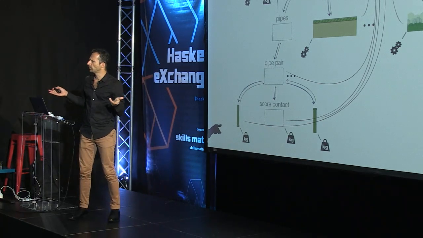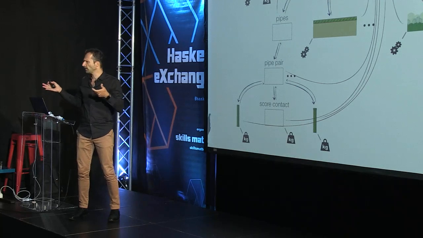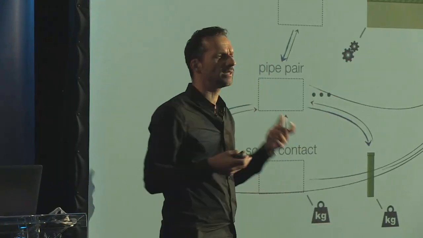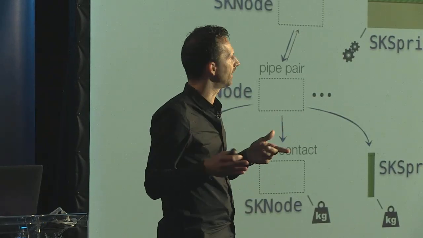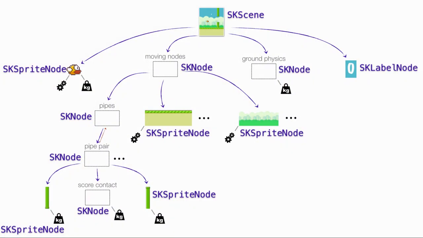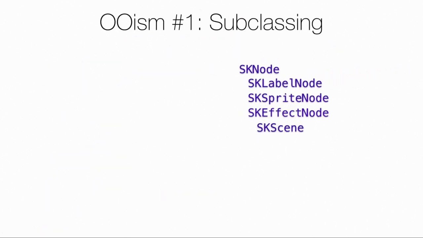So that sounds nice, a tree. That's a functional data structure. So where's the problem? Well, if you look at the types of these things, each of these different sorts of nodes is actually implemented by a different Objective-C class. And you know, these object-oriented people, they always put these classes in a hierarchy.